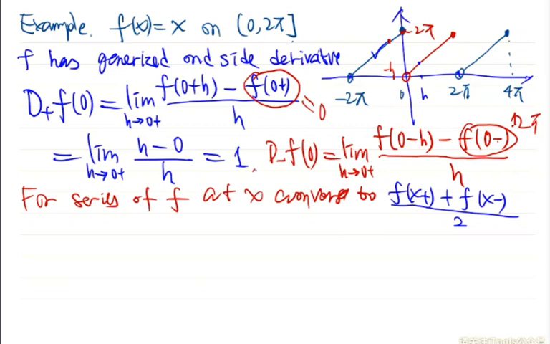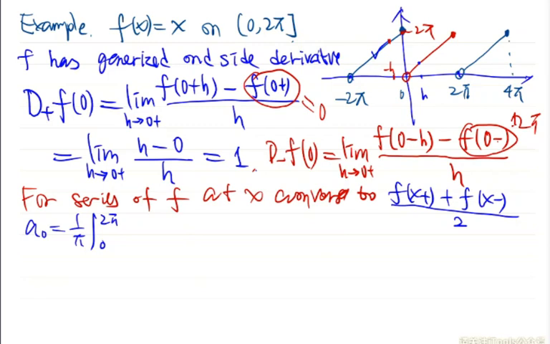Now we can compute the Fourier coefficient of this function. So a0 is 1 over pi, integral 0 to 2 pi. Our previous computation is minus pi to pi, but it is the same for 0 to 2 pi or other kind of interval, as long as the interval is of range 2 pi, because we are considering 2 pi periodic functions.